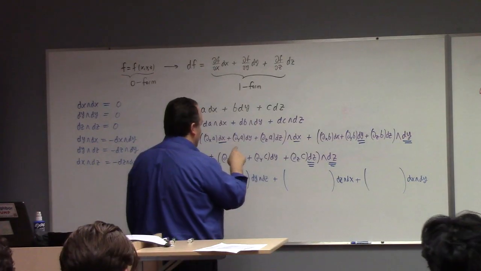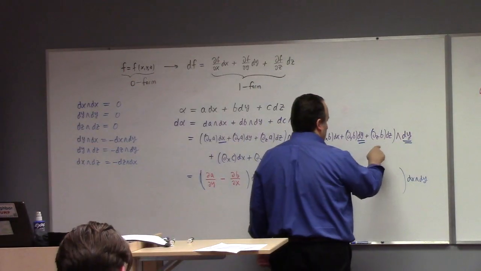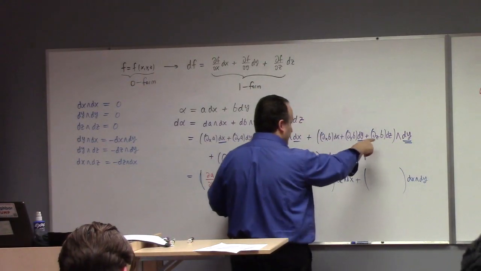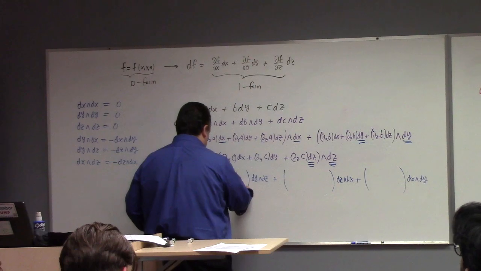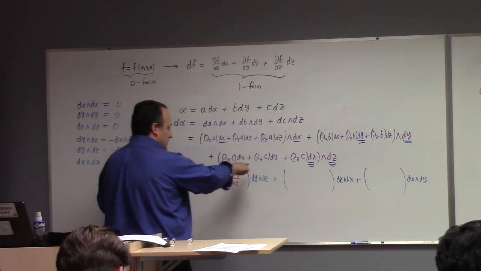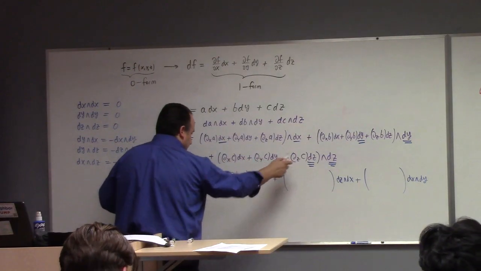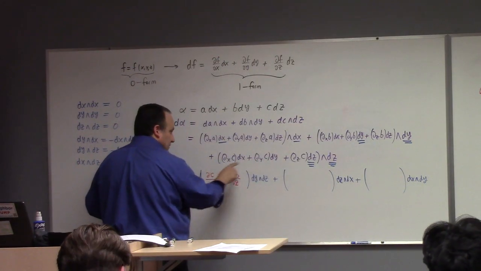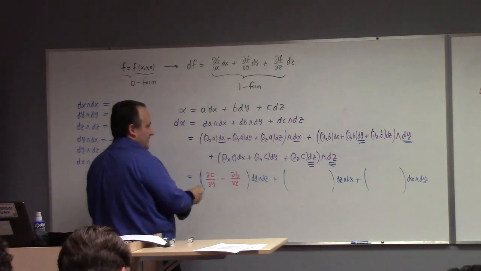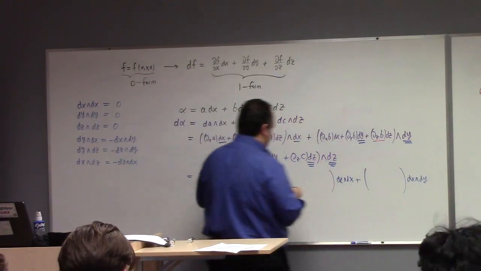I'm looking for dy wedge dz. So minus partial b partial z, I should say. Here, it was partial c partial y I should have had. Partial c, right here, partial c partial y. All right, this term here, and this term over here, right? Those are the first two.